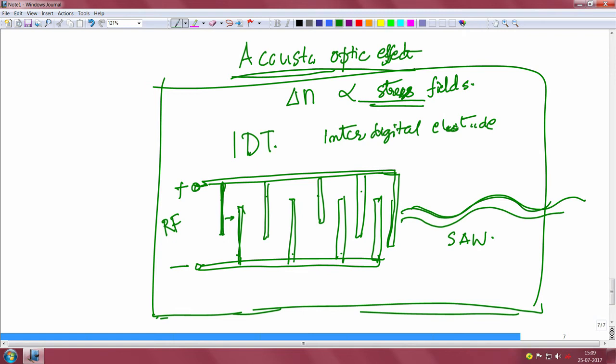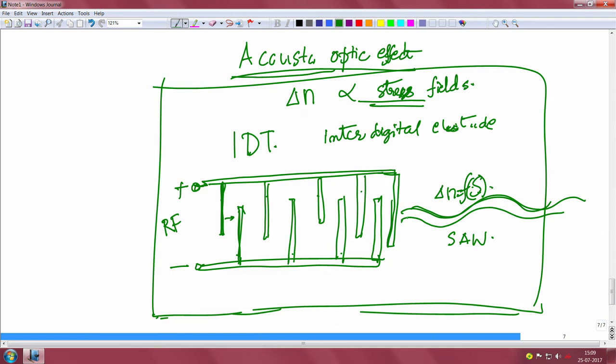For today's discussion, we can just simply say that there is a stress variation on the crystal, so it could be either in terms of the phase change of the acoustic waves or intensity changes of the acoustic waves. But ultimately we are interested in refractive index varying with the stress field.